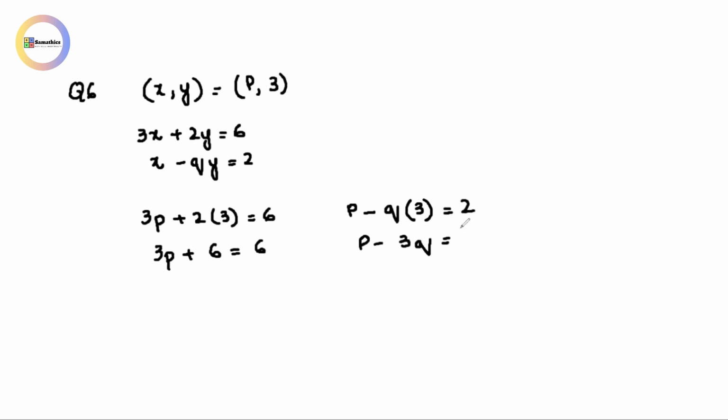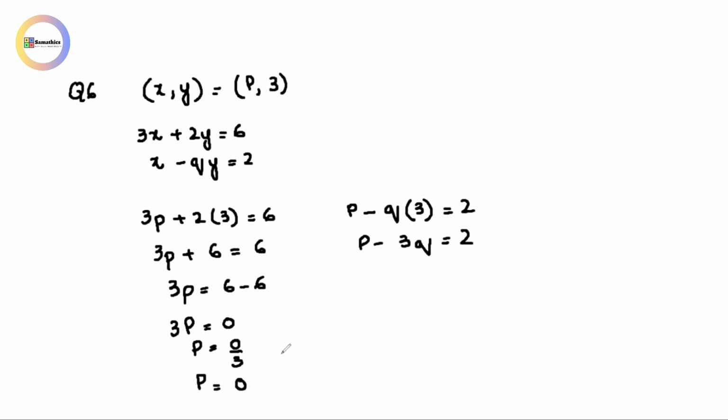Now we can take out the value of p from here because in this equation there is just one variable. So 3p is equal to 6 minus 6, so 3p is equal to 0. So p is equal to 0 divided by 3. So p is equal to 0.